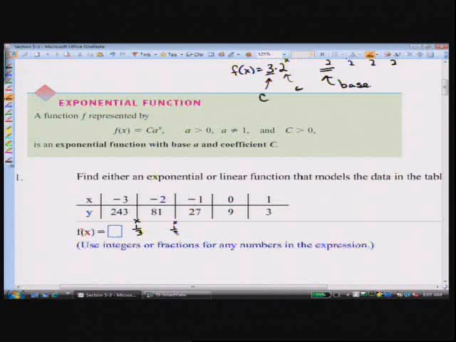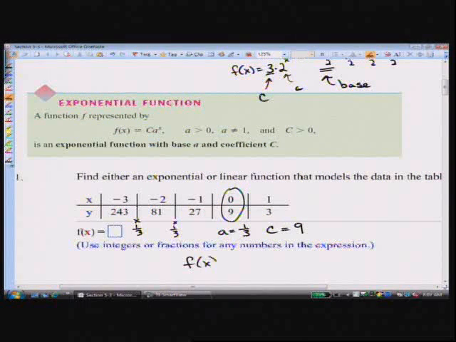Does that make sense? Yes. Okay, and so using this formula, your c is going to be the value when x is 0. So you can say a here is 1/3, and c is 9, so f of x is going to be 9 times 1/3 to the x power.